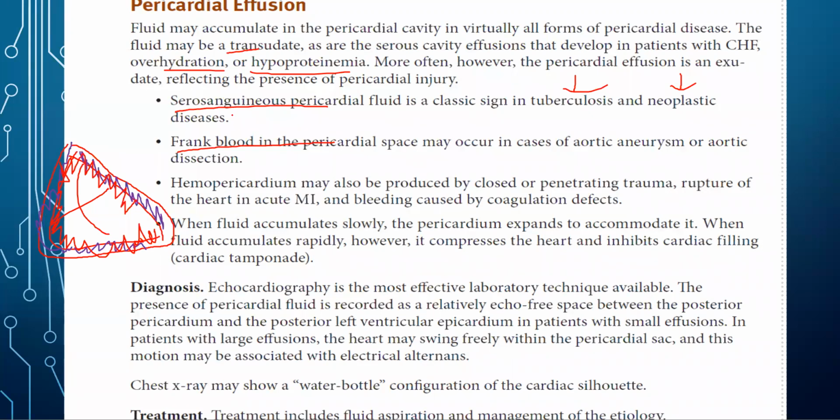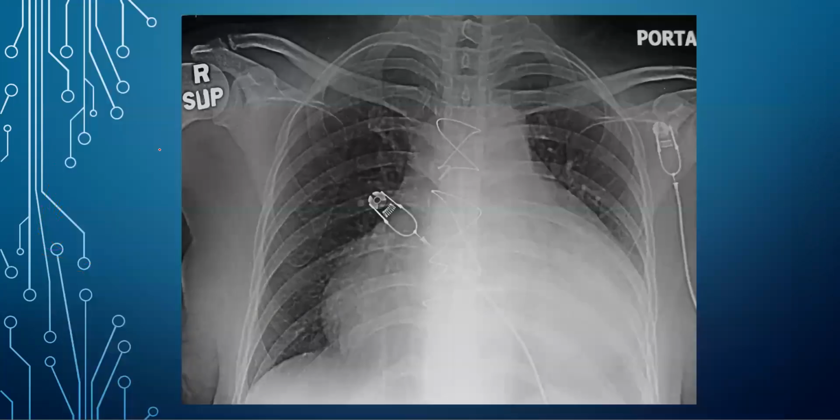So if you want to diagnose pericardial effusion, you have to do an echocardiogram. If you look at here, you can see a massive heart. So that's how pericardial effusion looks like.